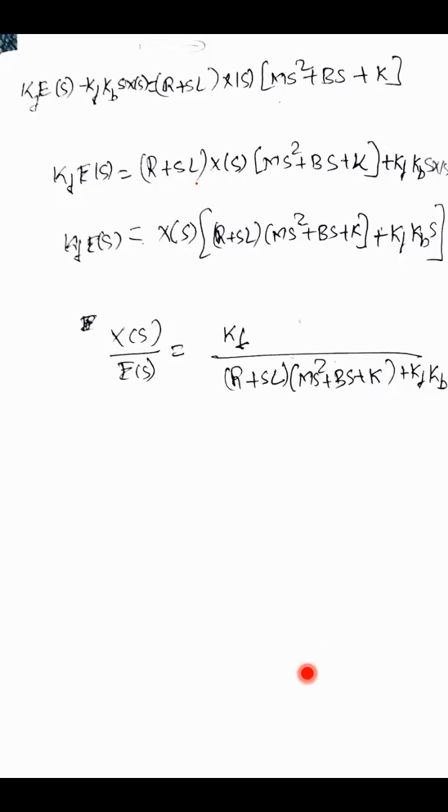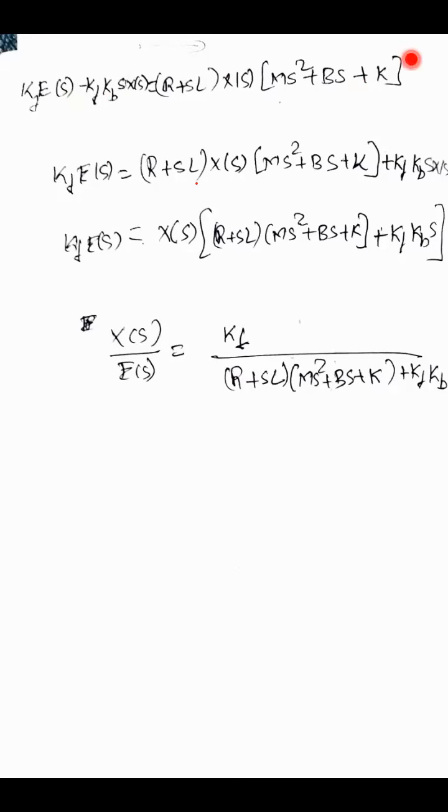Okay, so then if we multiply the denominator of the previous term to the numerator, means after doing cross multiplication, it looks like this. I have taken x of s as common. Okay, then kf into E of s is equal to this term. So you may observe here kf into kb into x of s is there.